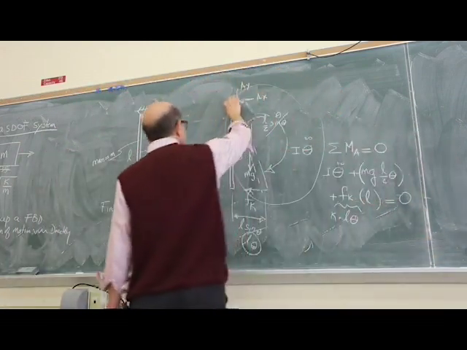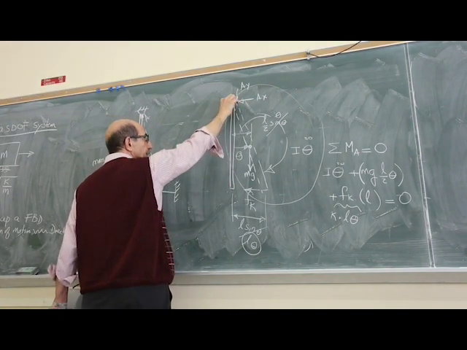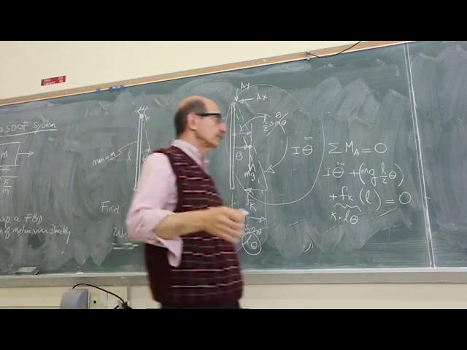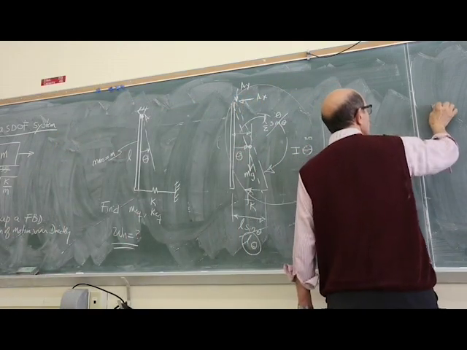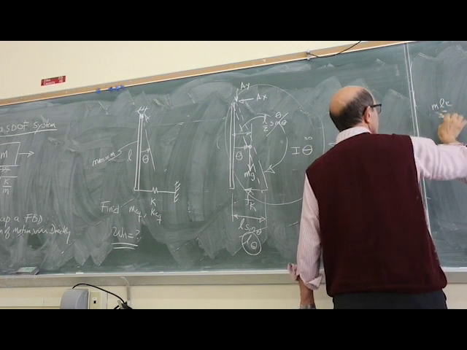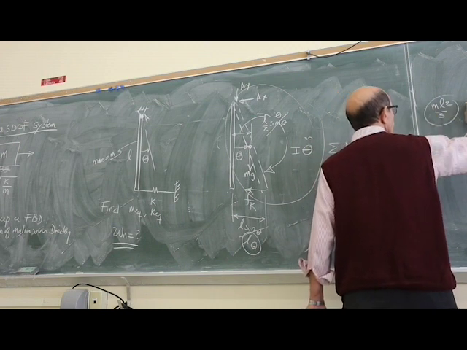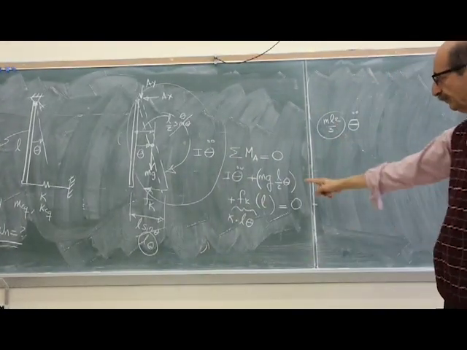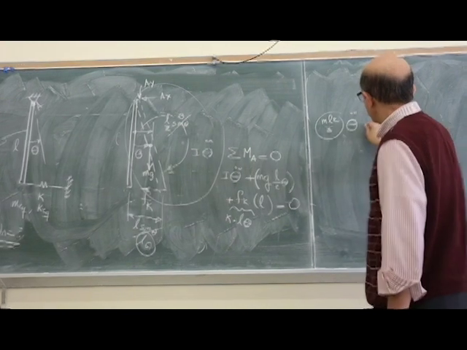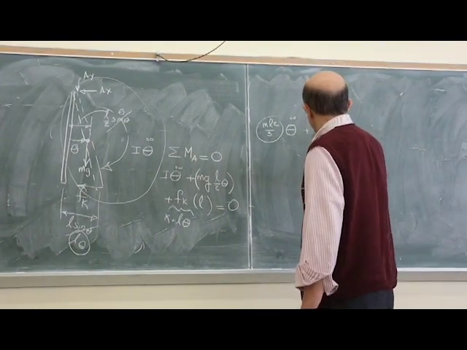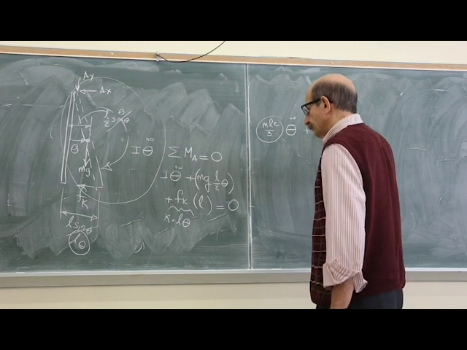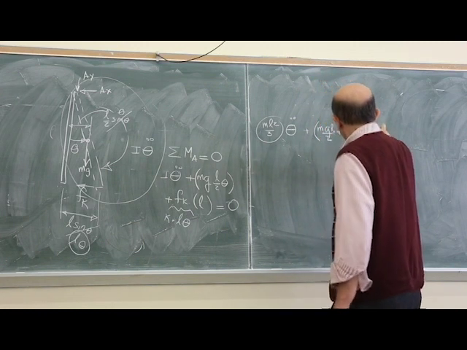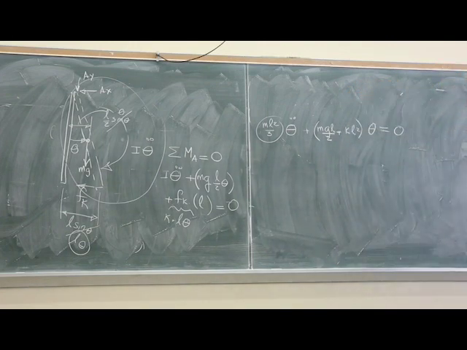So let's simplify that, reorganize that. I, for a rigid bar rotating about this point, if you figure that out, would be, what was that? ML squared over 3, okay? Theta double dot. Let's factor out the theta terms. You have plus mg L over 2 plus k L squared, theta is equal to 0.